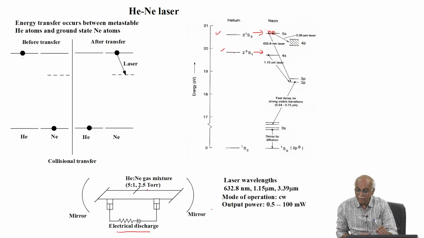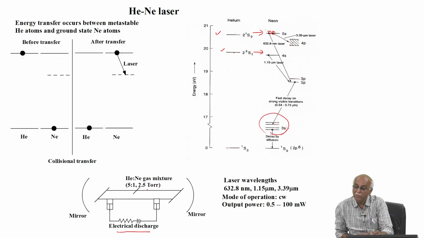Now, the problem with this helium neon laser is, when the excited atom returns very near to the ground level, there is one intermediate level where everything gets settled. Fast decay happens between these two levels, and most of the excited atoms come here and remain here for a long time.